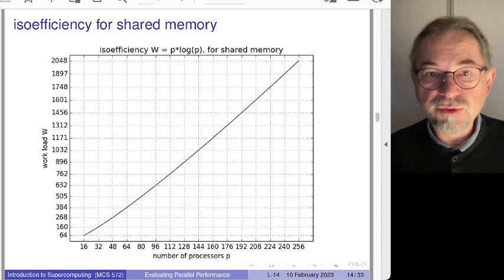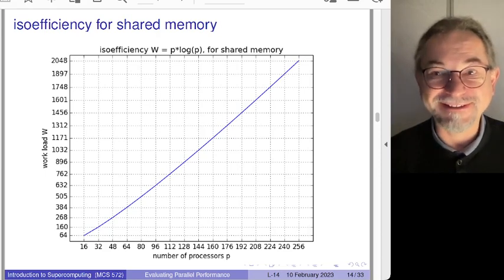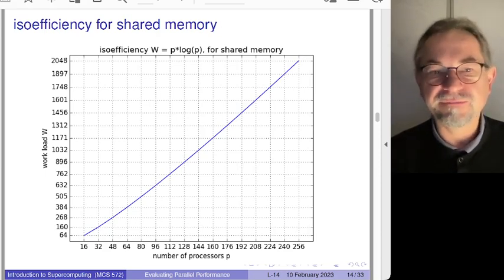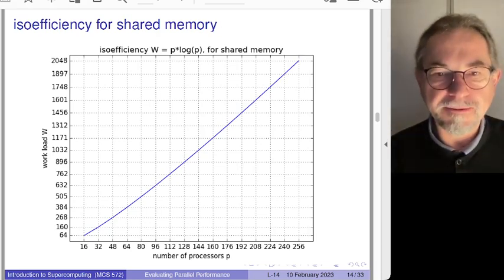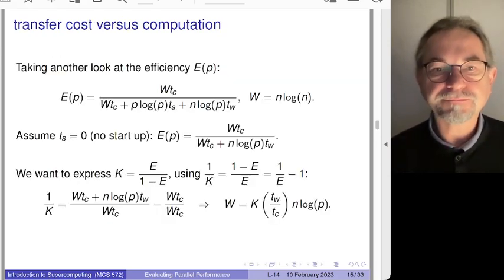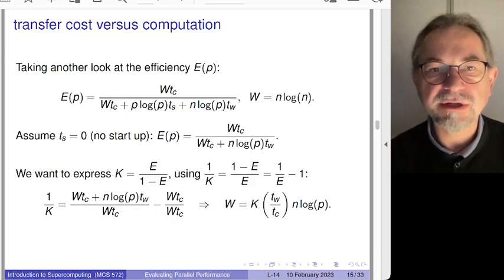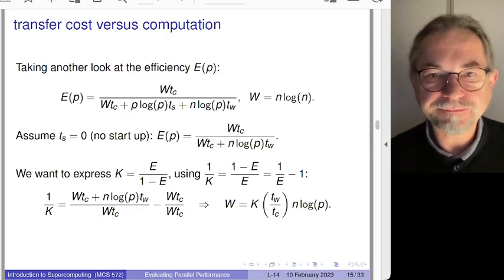If you're going to use 256 processors, well, your problem needs to be significantly larger than if you're working with 16 processors. Okay, this example was for shared memory.